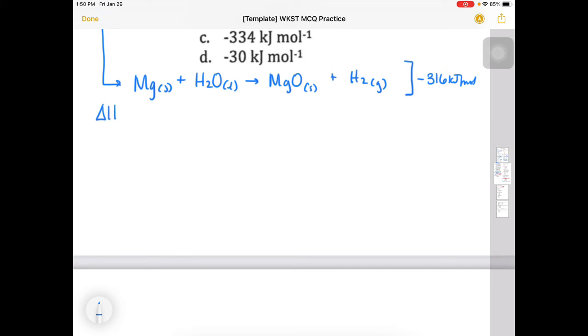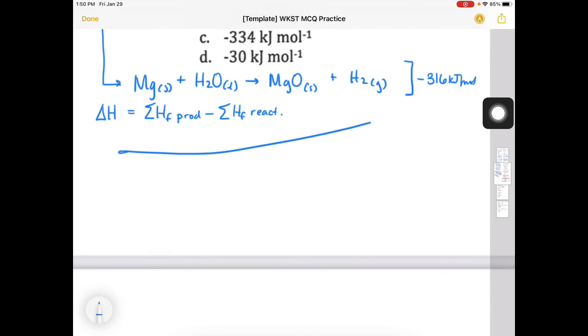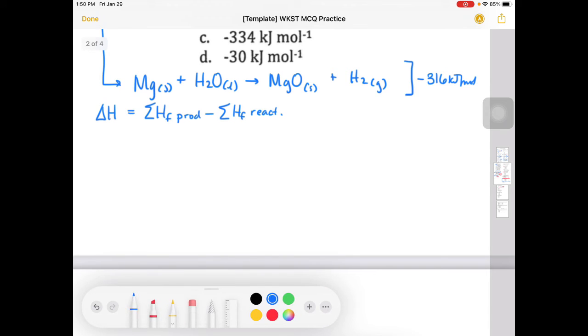So that summation formula, remember, delta H is equal to the sum of the heats of formation of products minus the sum of the heats of formation of the reactants. Okay, so I have the delta H because I merged my equations together and merged their delta H's. So I have the delta H, and I'll put that over here.